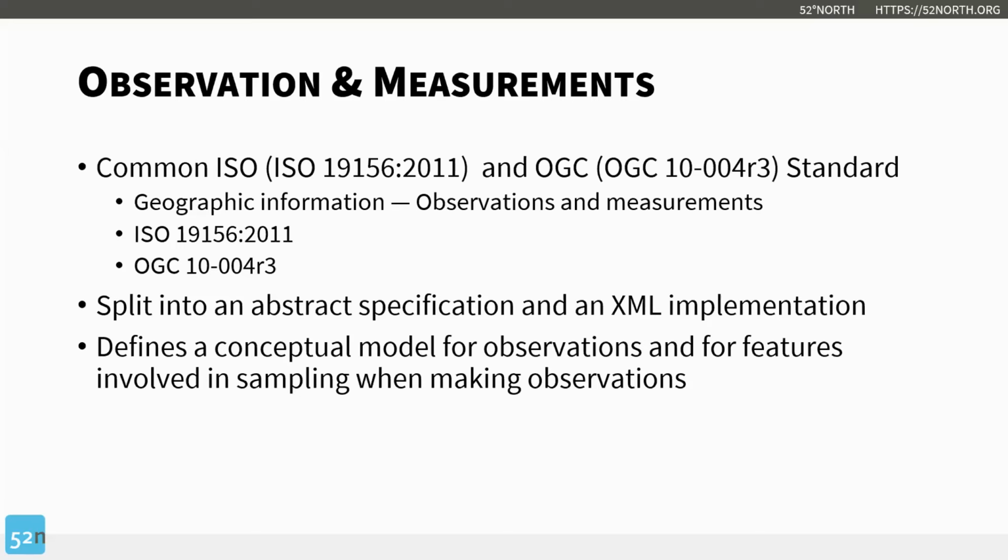And besides this XML standard, there are also best practices and recommendations on how this abstract ISO data model can be encoded in practice, for example, in other formats such as JSON. So ISO gives us the conceptual model, OGC tells us how to put that as XML or JSON, for example.